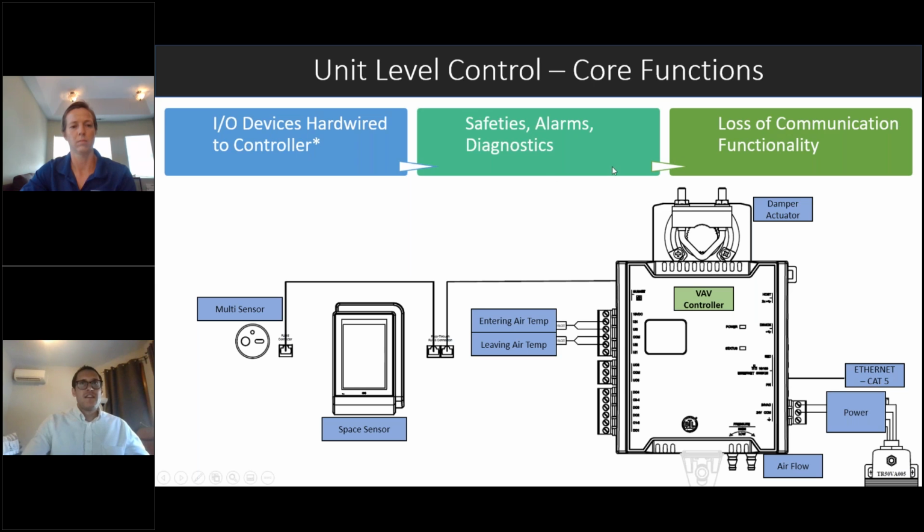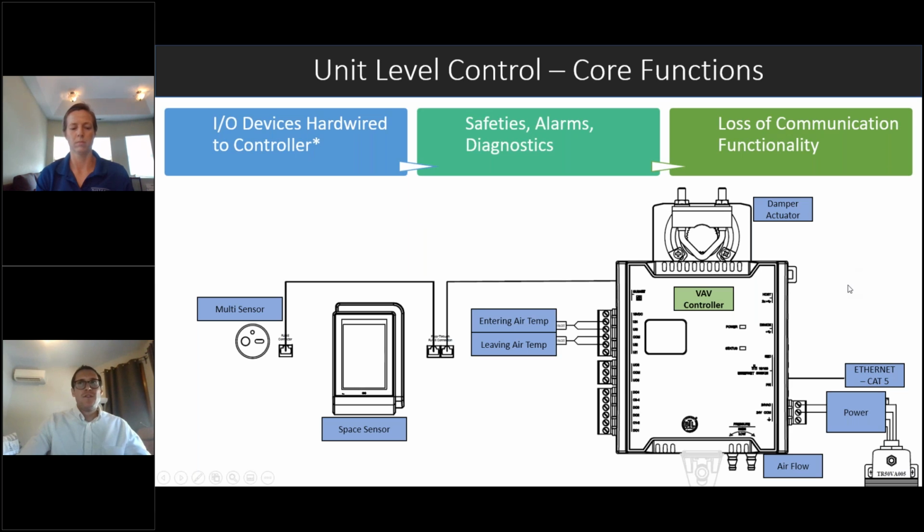That allows you to have safeties, alarms, and diagnostics locally at that piece of equipment, so you're not going to have compressors running rampant. The local controller has its safeties integral to it to make sure the equipment is operating in the right fashion.